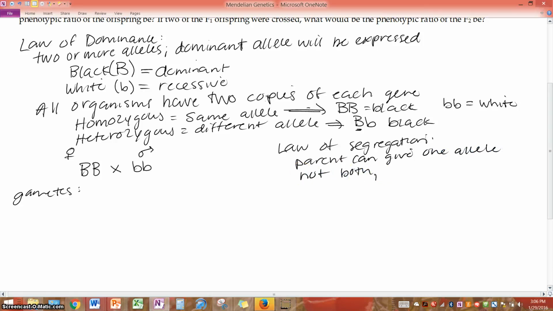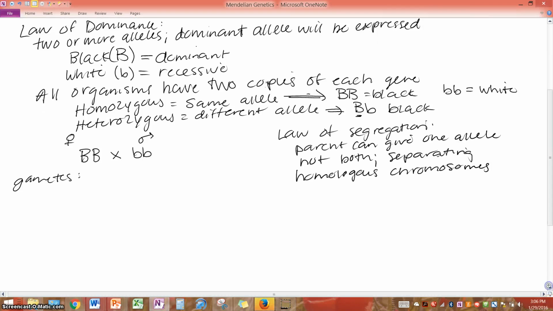This is the result of the separating of homologous pairs, and this happens during metaphase and then anaphase 1. We're separating homologous chromosomes.